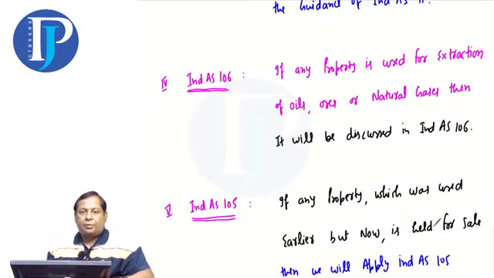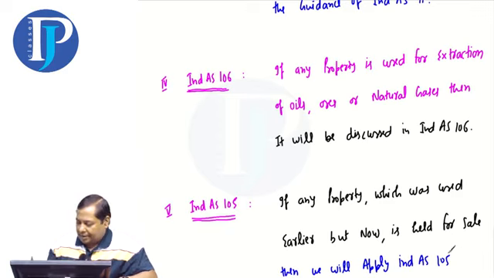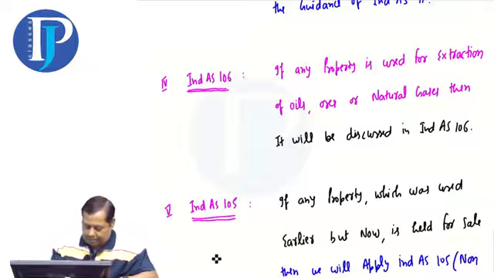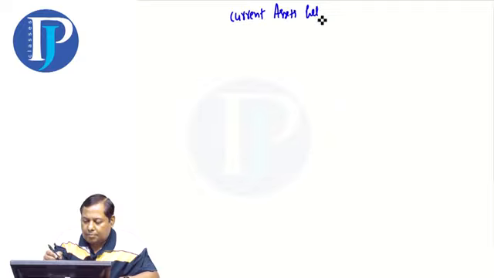The page is finished. Let's go to the next one. If you are behind on taking notes, you can pause me, right? Now next page. Okay, let's write the title now: Non-current assets held for sale.